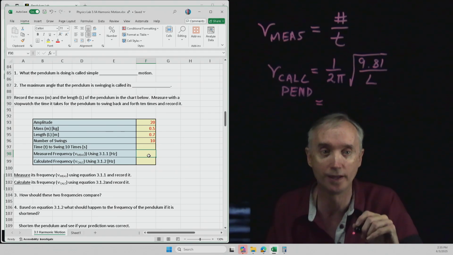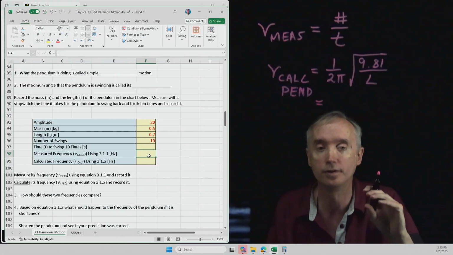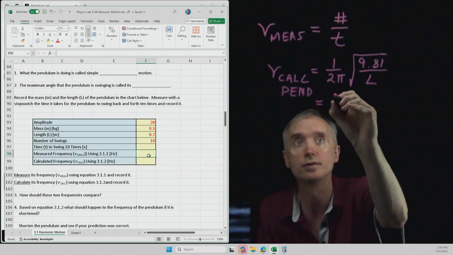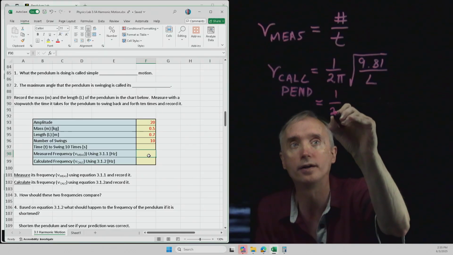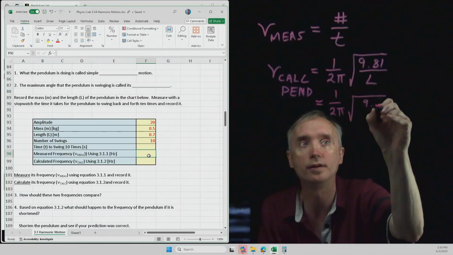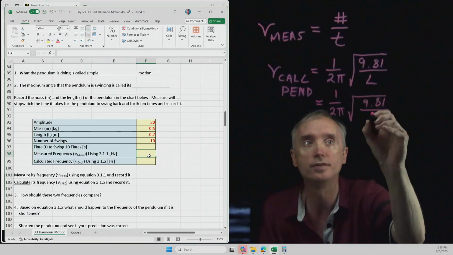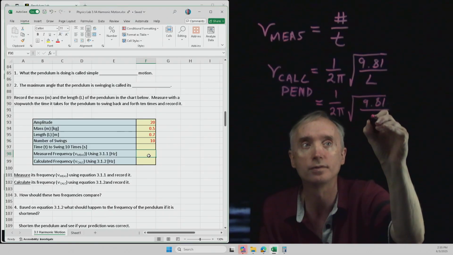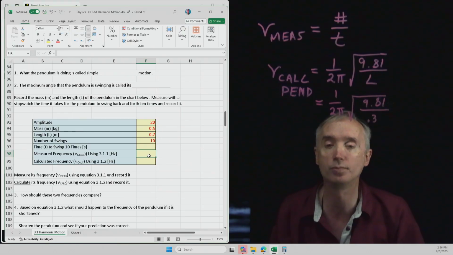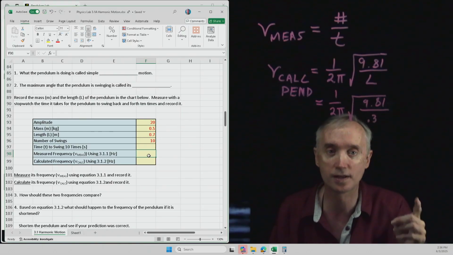So that's going to be the length of my pendulum, 0.3 meters, about 30 centimeters. So it's going to be 1 over 2 pi, and then the square root of 9.81 divided by 0.3. So I'm going to do a sample calculation assuming it's 0.3. You're going to do it for 0.7.